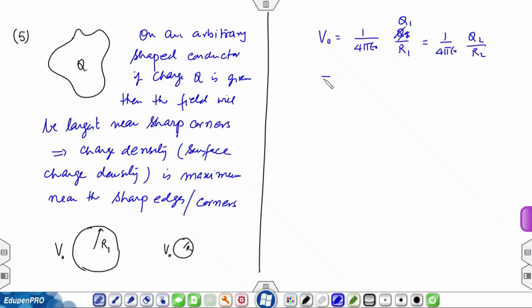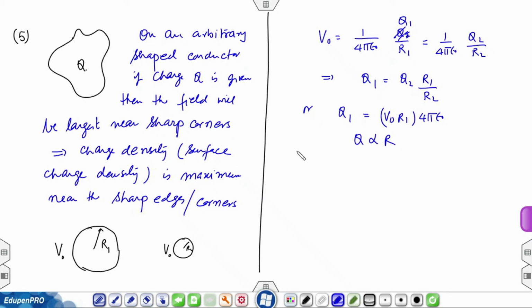And this gives me that q 1 is equal to q 2 r 1 over r 2, or q 1 is equal to V naught r 1 times 4 pi epsilon 0, or q is proportional to r.